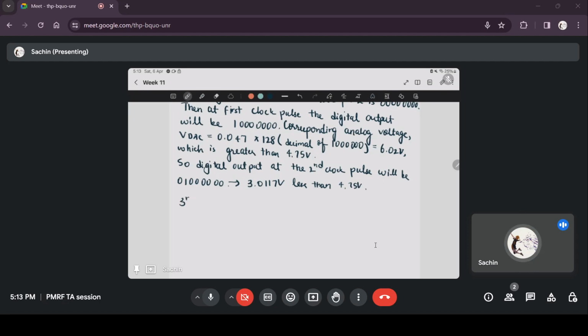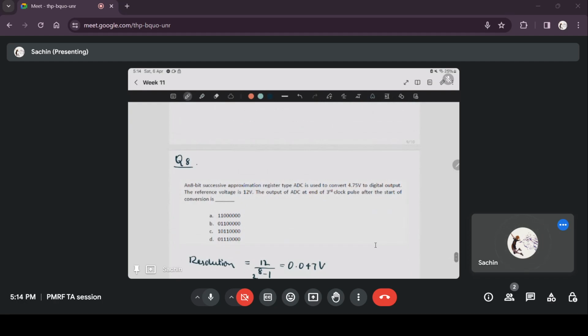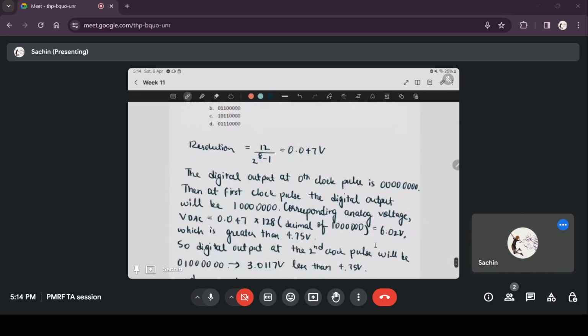Then third clock pulse, 01100000, output will be 4.5176 volts. So the answer is option B.